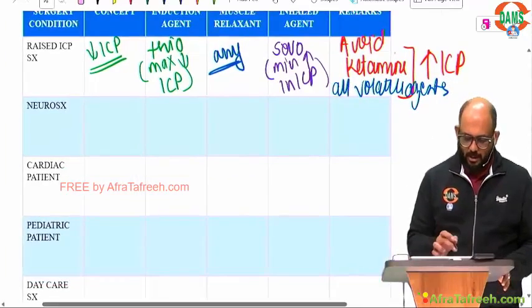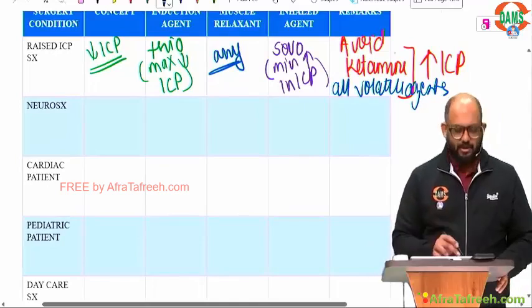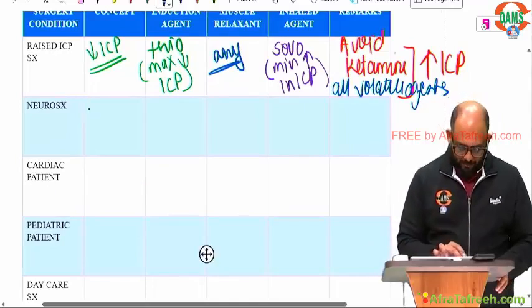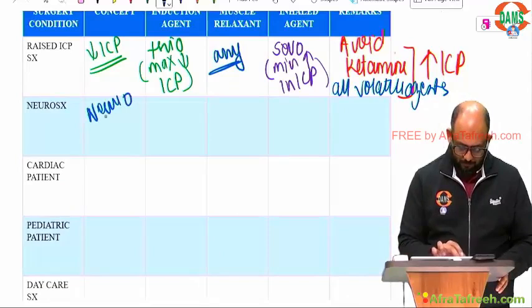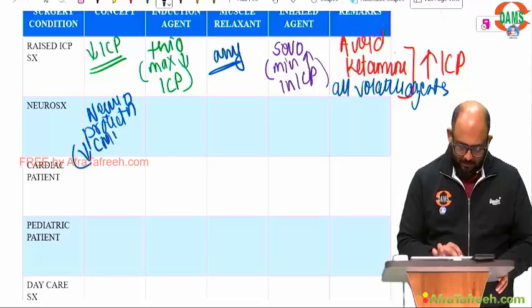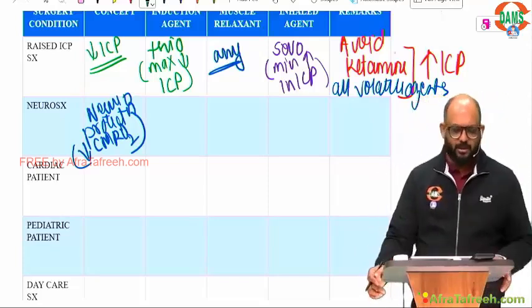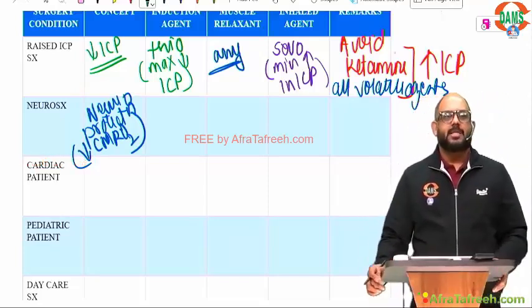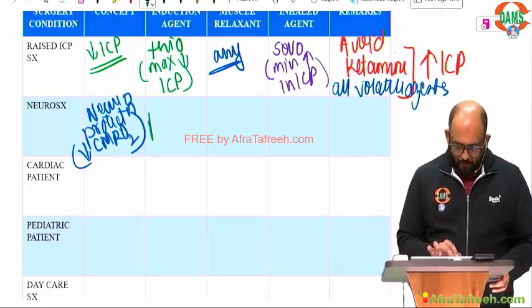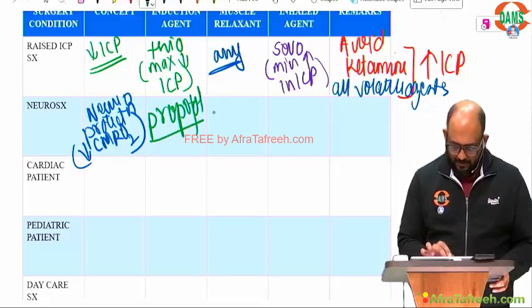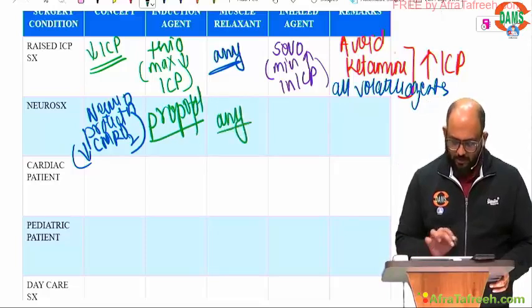Alright. Neurosurgery. What is the concept? Neuroprotection, that is, decrease CMRO2. What is CMRO2? Cerebral metabolic rate for oxygen. Here the agent of choice for induction is propofol. Muscle relaxant, any muscle relaxant is okay.